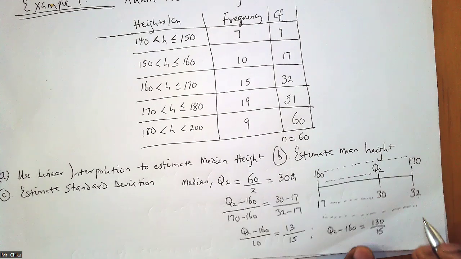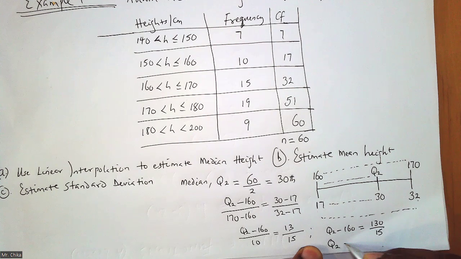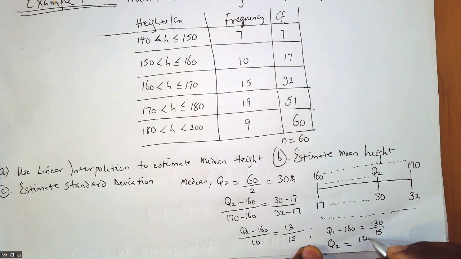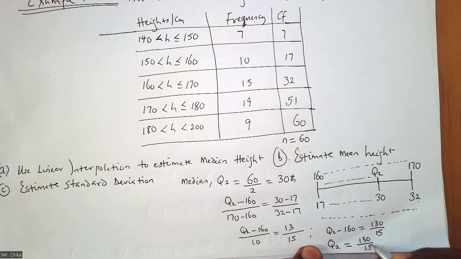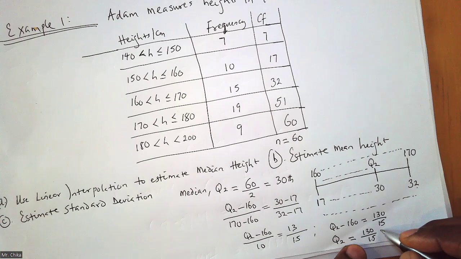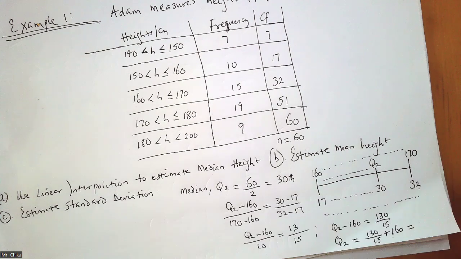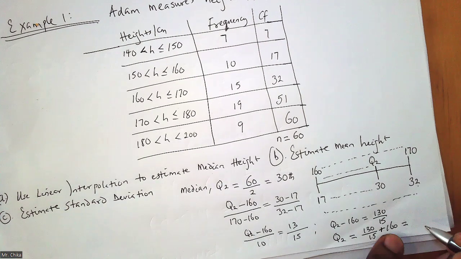Now, to finally get Q2, we add 160 to both sides. So 130 divided by 15 plus 160.